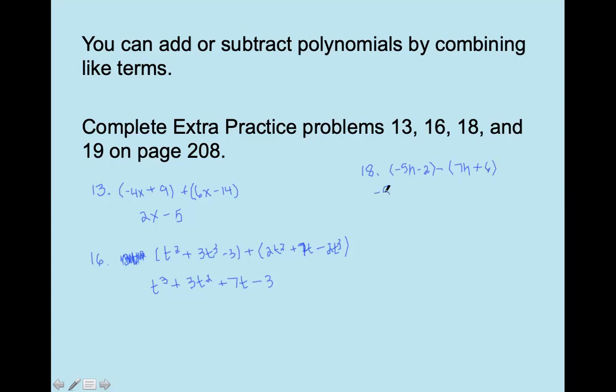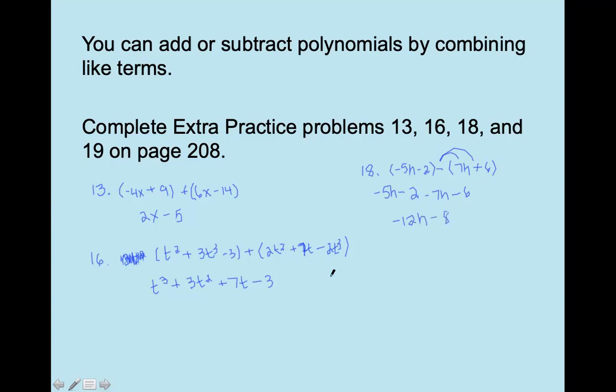So my first expression is 5h minus 2. I have to remember that this negative gets carried throughout this binomial, so negative 7h. And then we have a negative times a positive would be a negative 6. Now I'll combine my like terms. Negative 5h and negative 7h is negative 12h. And negative 2 plus negative 6 is negative 8.